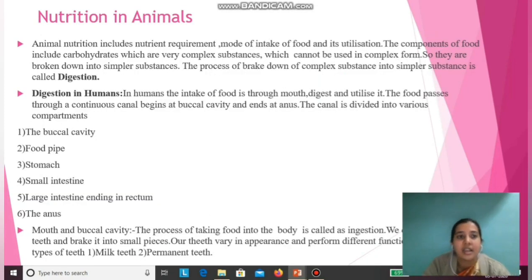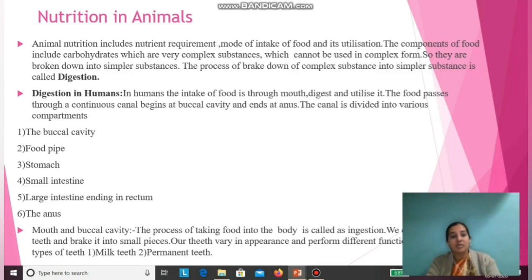So next is nutrition in animals. Even animals do require nutrition. So how do we get this nutrition from complex substances? We get this nutrition from complex substances by digestion. So how does digestion take place in humans?